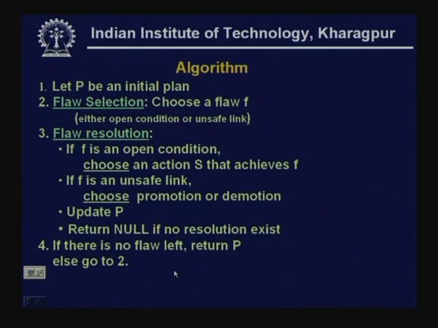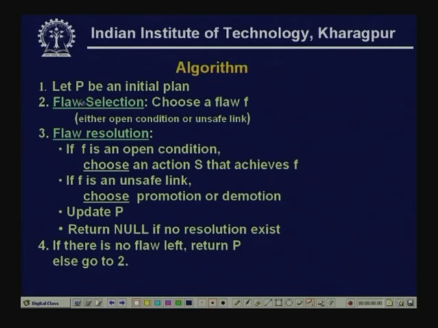Now, let us look at a very basic version of the partial order planning algorithm. Let P be an initial plan. Given an initial plan, we first find out if the plan has any flaw.